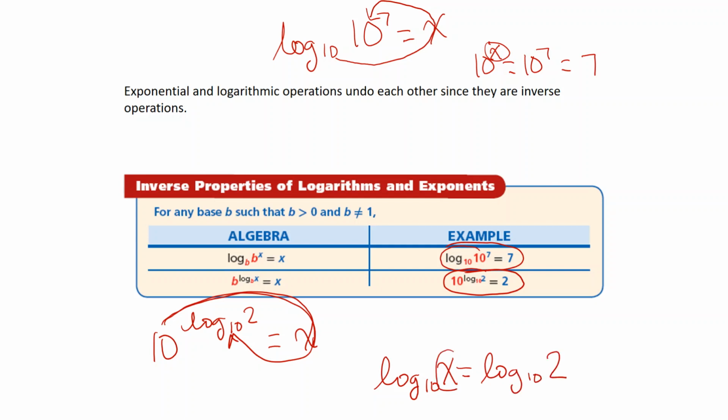And once again, x must equal 2, which is what our answer is. So when we're looking at these, we just kind of need to learn these two. When you see your 10 and your 10, you know the answer is going to be that exponent.